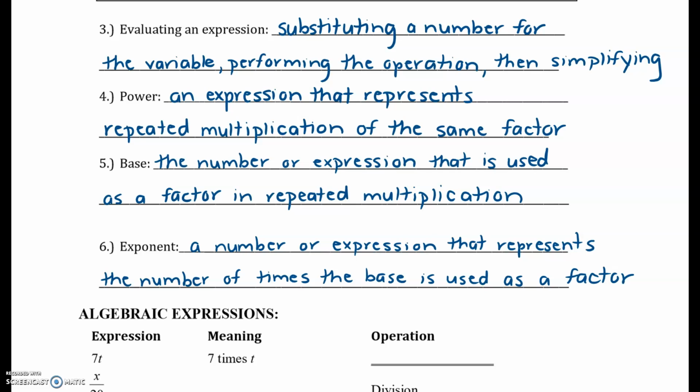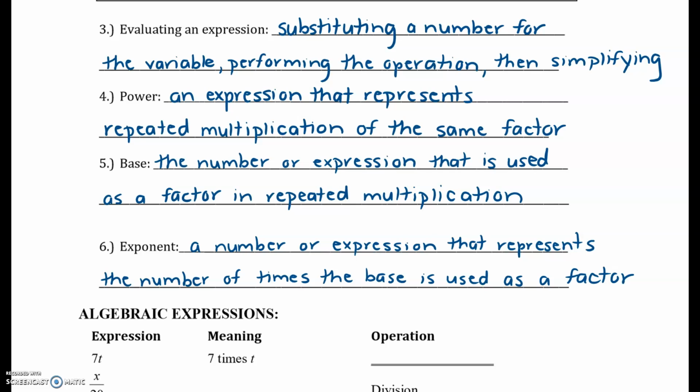One of the things that we're going to be working with here quite a bit are exponents and powers. So you'll notice each part of this exponent, base, and power are defined. A power is the actual expression that represents repeated multiplication of the same factor. And there's two parts that make up this power.